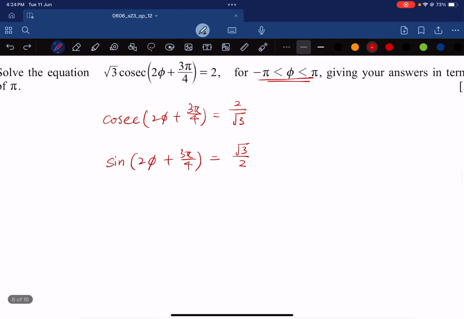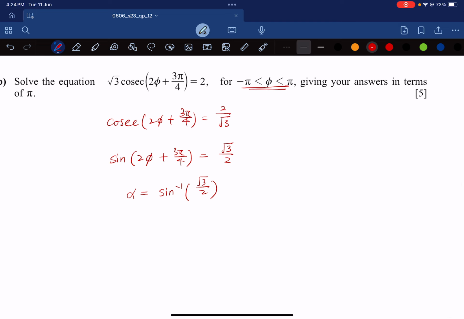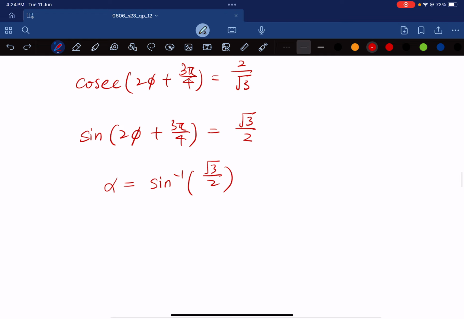All right, which means that the reference angle, right? Now if you sine inverse square root 3 over 2, this is not necessarily a solution. This is just a reference angle. So you cannot name this as the solution. Strictly speaking, if you write 2 phi plus 3 pi over 4 equals 60 degrees, this is wrong.